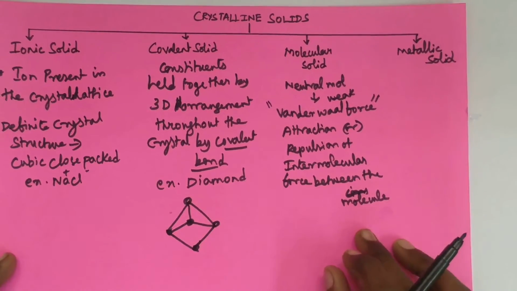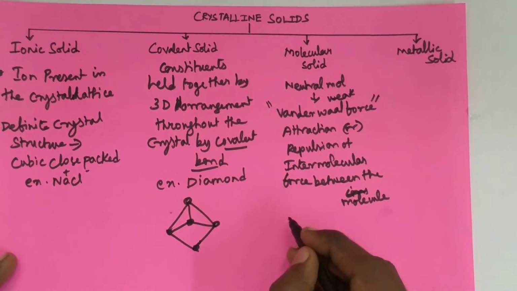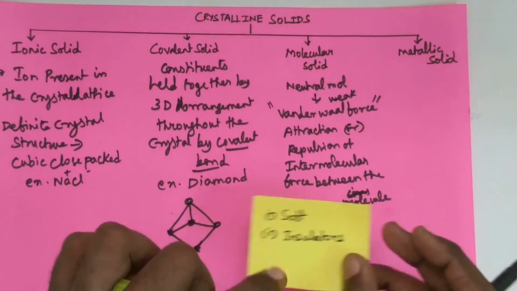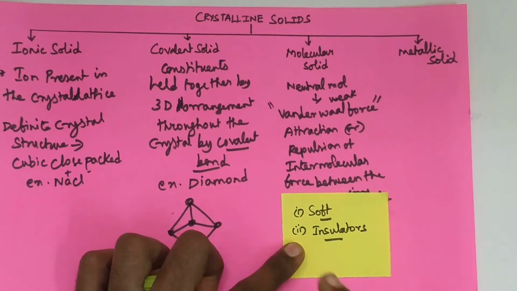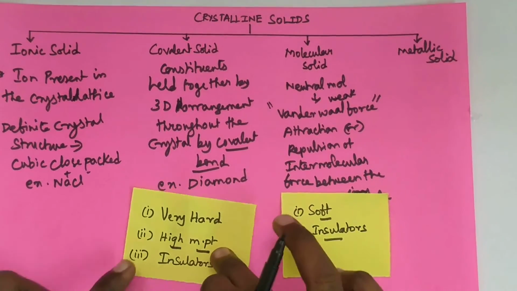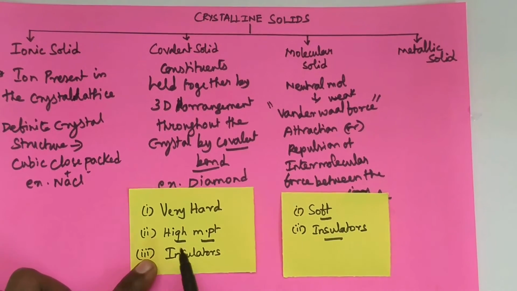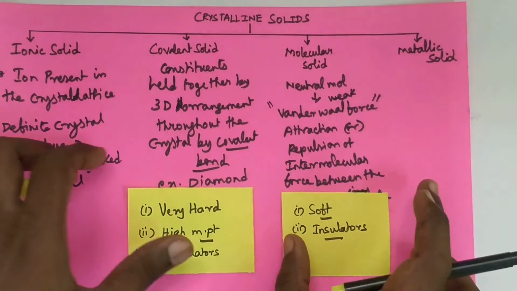the molecules. Generally, molecular solids are soft and act as insulators. Already mentioned, covalent solids also act as insulators with high melting point; molecular solids are soft and act as insulators.